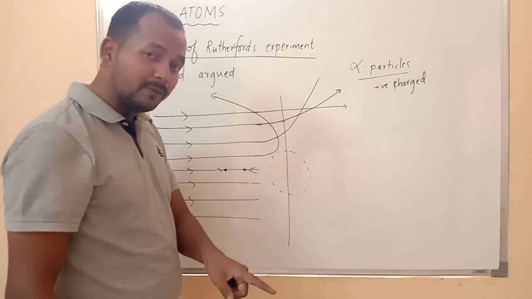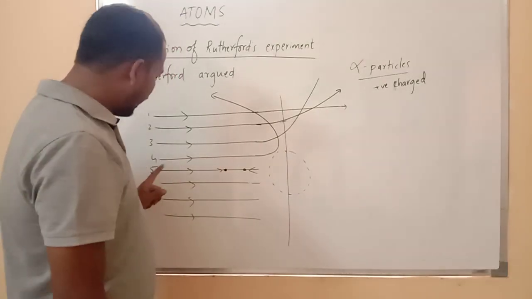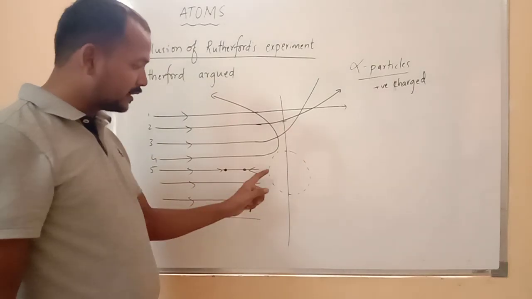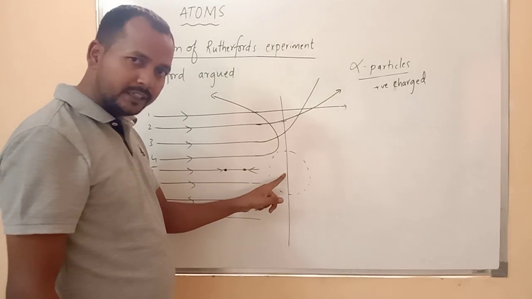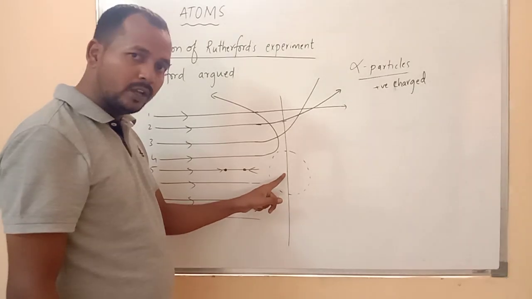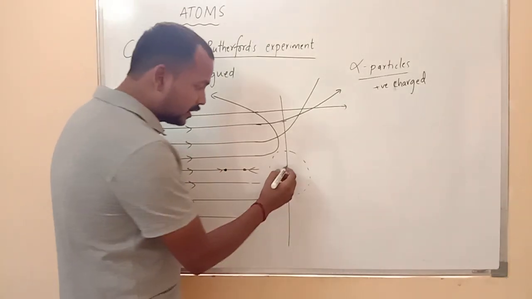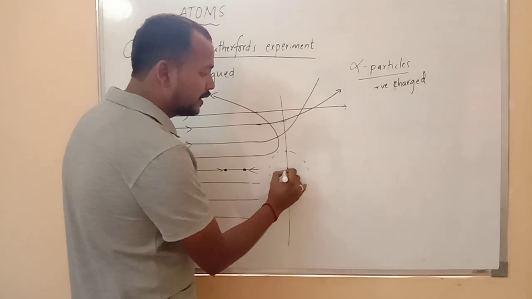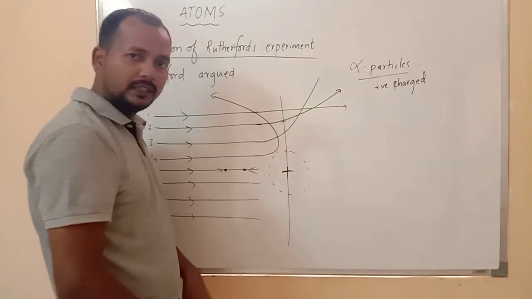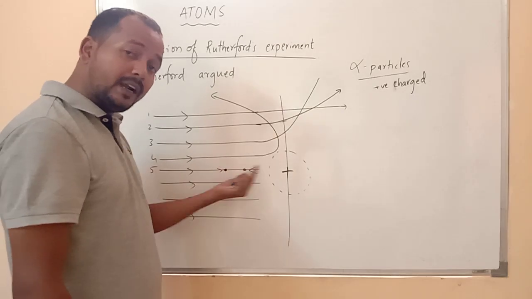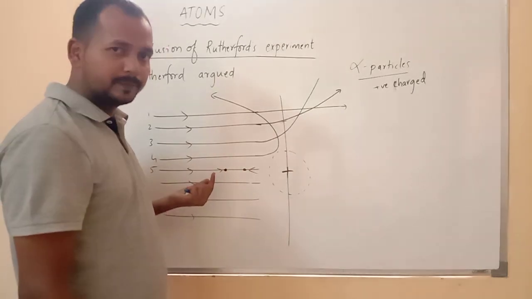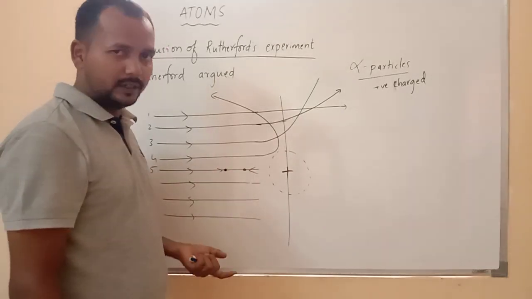Please note this carefully. The alpha particle comes here and is repelled back, so at the point of incidence on the gold foil there must be positive charge only. That's why this alpha particle is repelled in the same path. Understand?